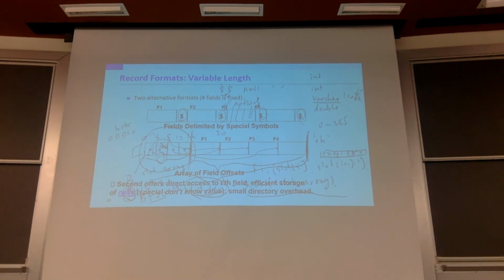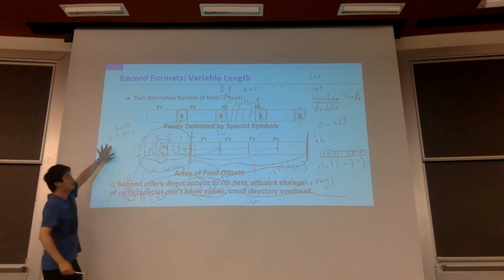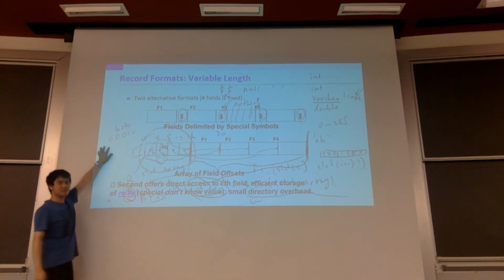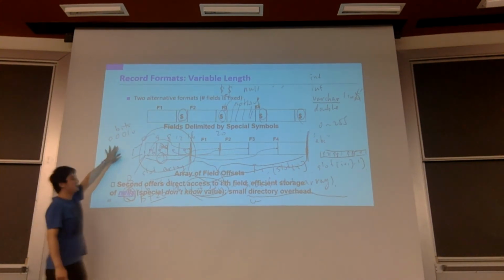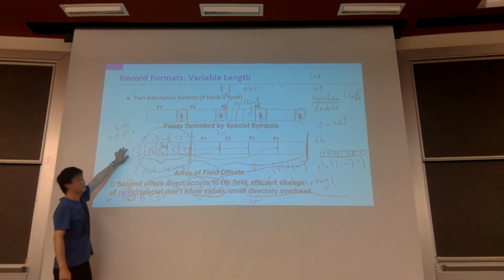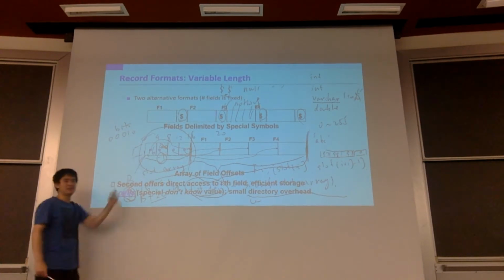So these are bits. Then these are basically saying the first field is not null. If you store a bit array like this, this is saying the first field is not null, the second is not null, third is also not null, but the fourth field is null.